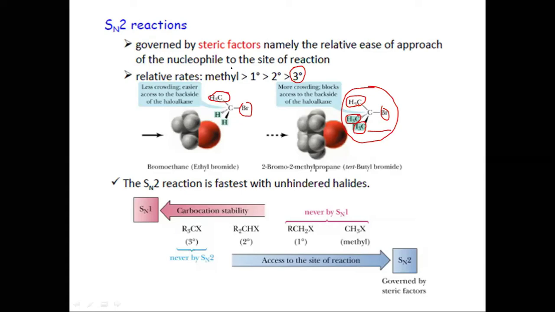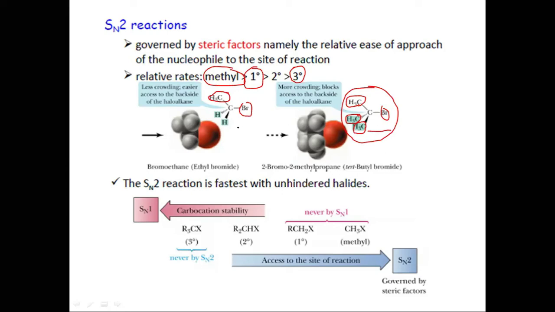So now the suitable substrates are methyl halides and primary halide substrates, which are preferred over the tertiary halides. So this is bromoethane, and this is 2-bromo-2-methylpropane or tertiary butyl bromide.